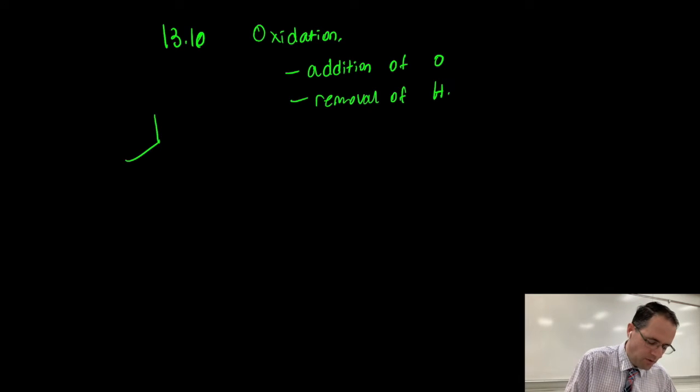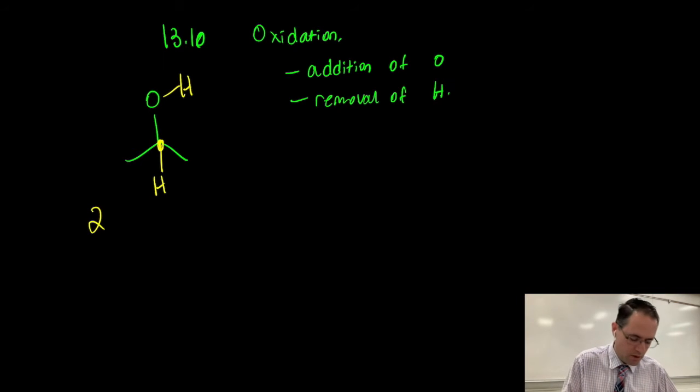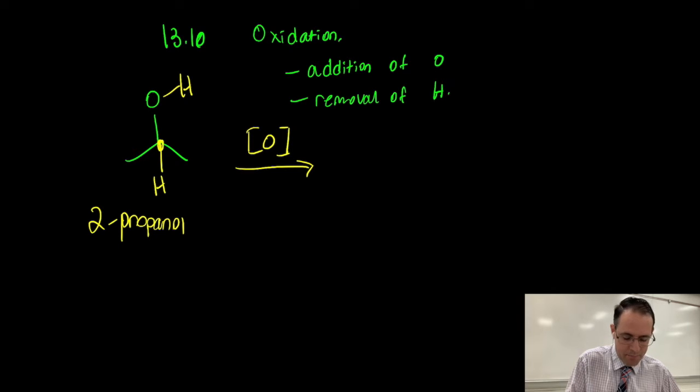So, for example, if we have 2-propanol and we do an oxidation, we just use brackets and write a capital O in there. That just stands for oxidation.